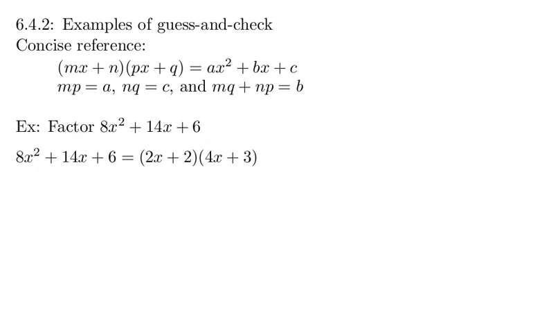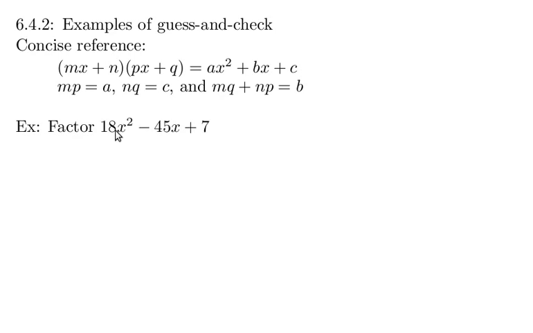That will be 18x squared minus 45x plus 7. 18x squared minus 45x plus 7. So, as usual, we want to find mp equal to 18.